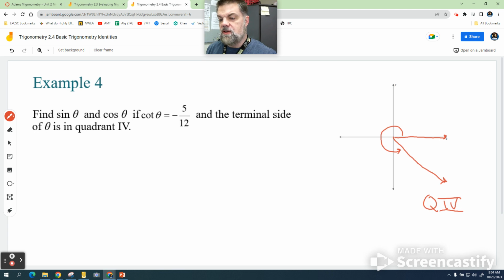Also, what I need to know is there's a point right here that exists where my x value is positive and my y value is negative. That's going to be important when we go to do square roots, if we do square roots. Okay? And so we could use the Pythagorean identity. We could use anything, really.